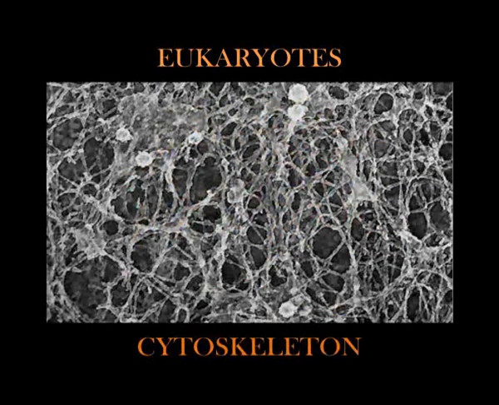Cytoskeleton and motility apparatus. A cytoplasmic network of three protein polymers, actin filaments, microtubules, and intermediate filaments, maintains the shape of most cells. Each polymer has distinctive properties and dynamics.